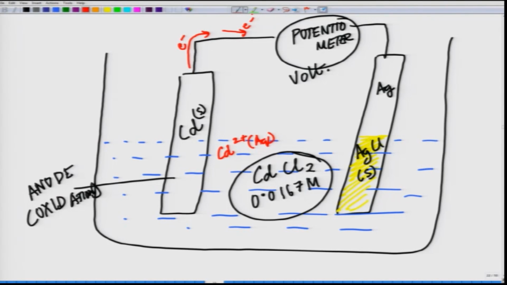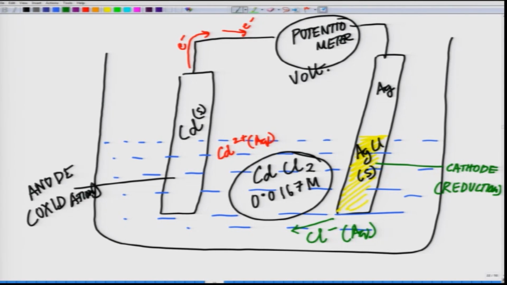which will be traveling in this circuit like this. Okay. Whereas on the AgCl solid electrode, which in this case is a cathode, essentially a reduction is happening. In this case the chloride will come out into the solution, Cl- in the aqueous solution, and here you are having the AgCl solid electrode.